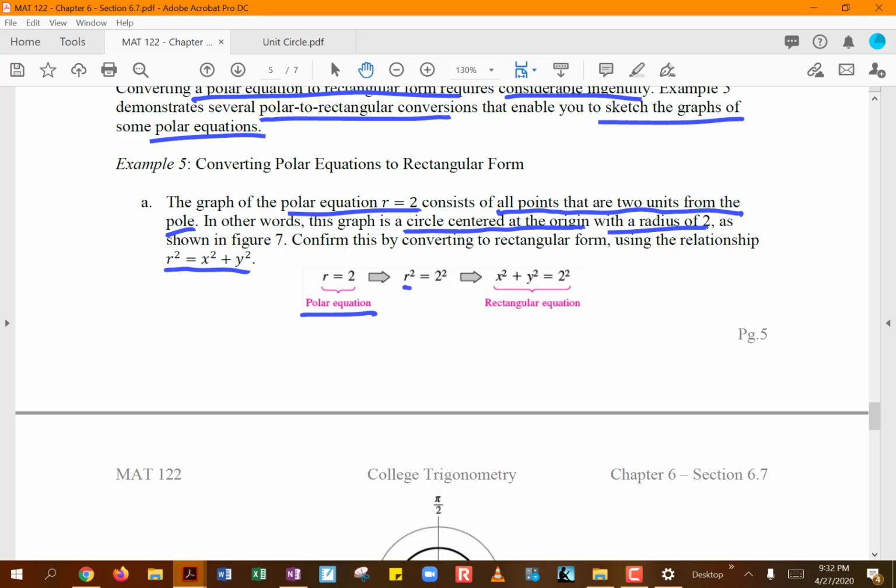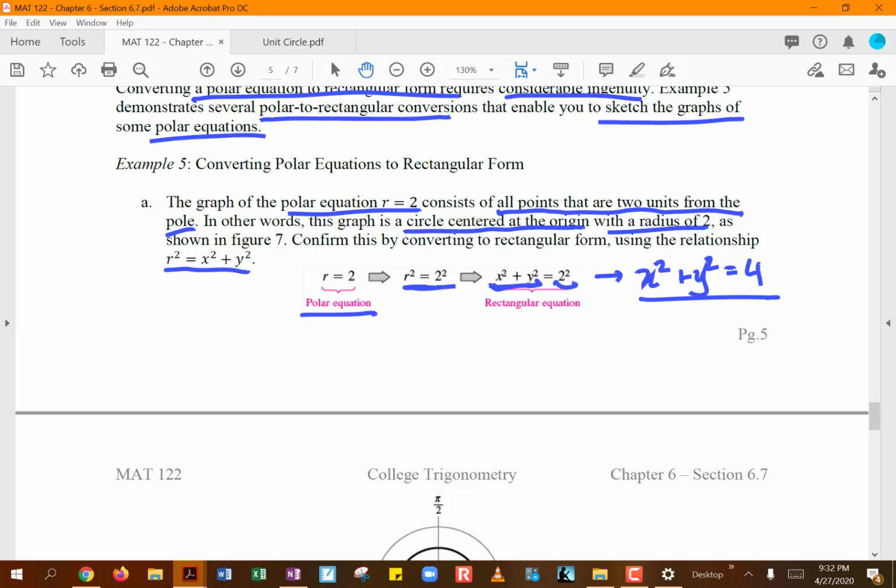So if we go ahead and square both sides, that will give you r squared equals 2 squared. So you can replace the r squared with x squared plus y squared, and then you have your 2 squared over here. If you wanted to take this a step further, you could get x squared plus y squared equals 2 squared is 4.